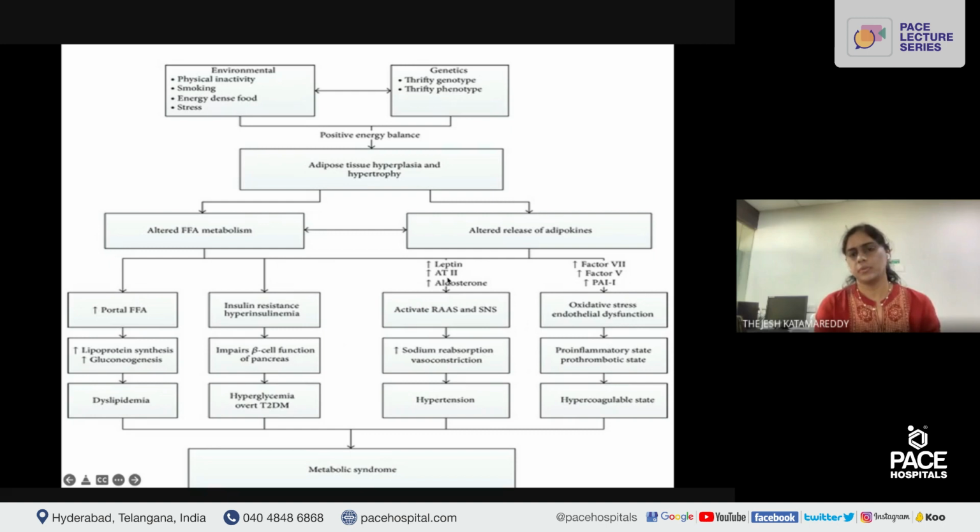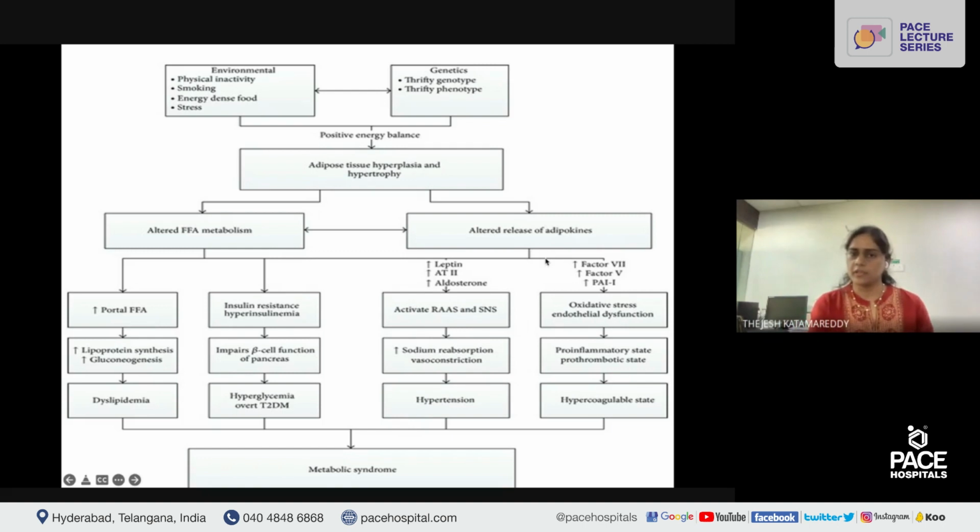This will lead to activation of other systems also, which include the renal system, mainly angiotensin 2 and aldosterone, leading to angiotensin aldosterone system and sympathetic nervous system activation, thereby causing sodium reabsorption, vasoconstriction, leading to hypertension.